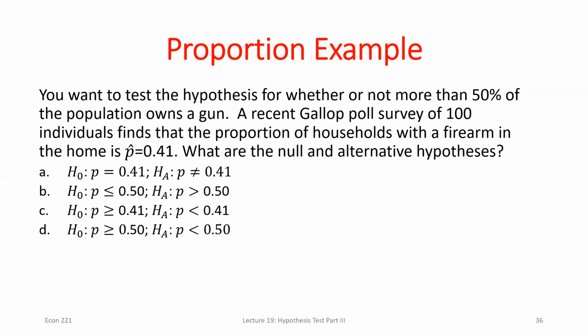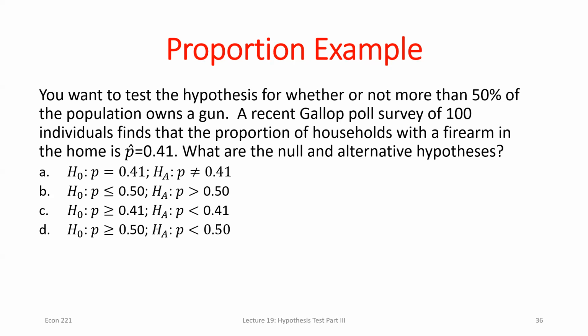That less than 50% of the population. So we're thinking about that alternative and null hypothesis are complements, right? But whatever I'm trying to test for, that's what I'm going to be putting in my alternative hypothesis. So whether or not more than 50% means that I'm trying to find, is that population proportion greater than 0.5, right, greater than 50%.